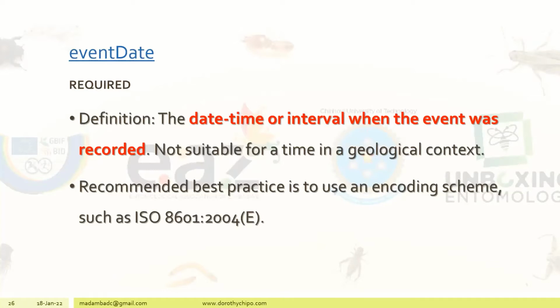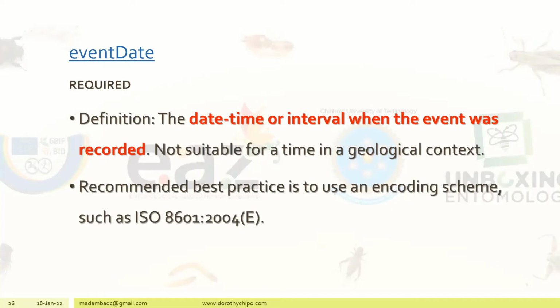Then the next one is event date. This one is required, and it's a recording of when that observational collection was made, because we said with occurrence, it has to be linked to an observational collection.